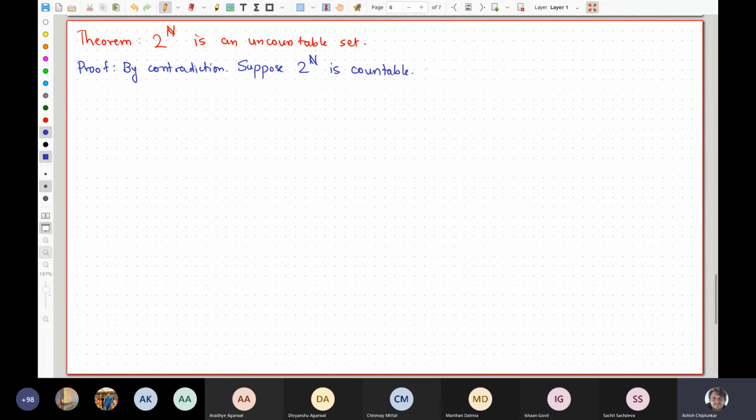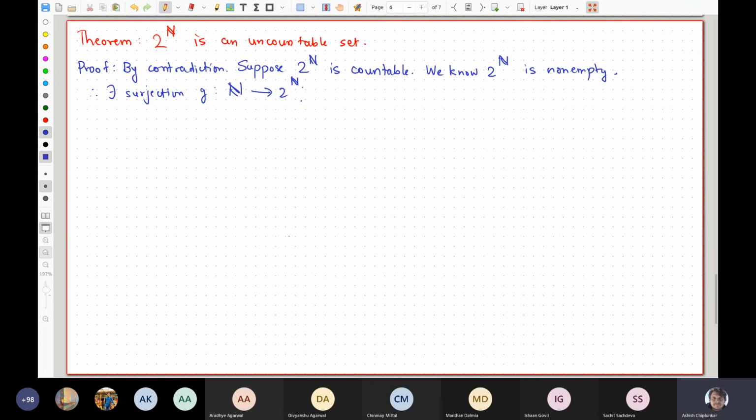Right. So clearly, we know the size of 2 to the set of natural numbers is non-empty. Right. So therefore, there exists some surjection G going from the set of natural numbers to its power set. Okay.